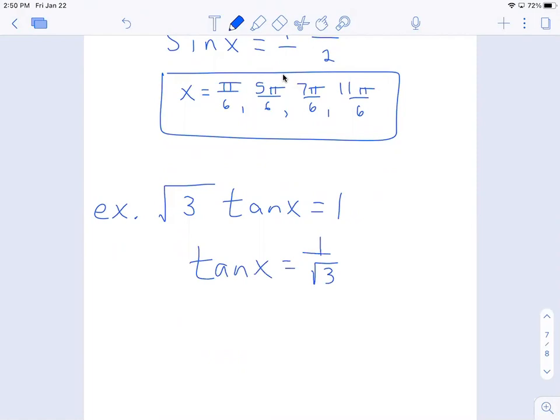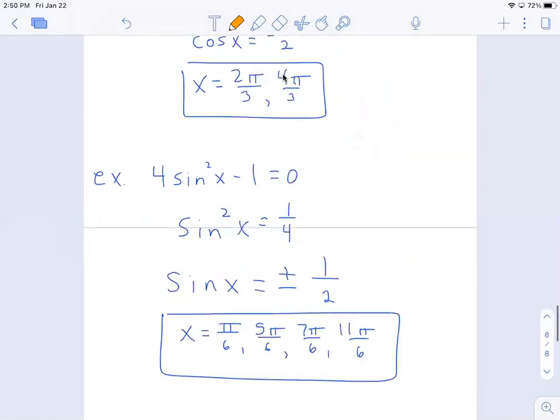Okay, or I could rationalize that to root 3 over 3. But what I want to do is really use that unit circle and figure out where the tangent is 1 over root 3. So tangent is sine over cosine.